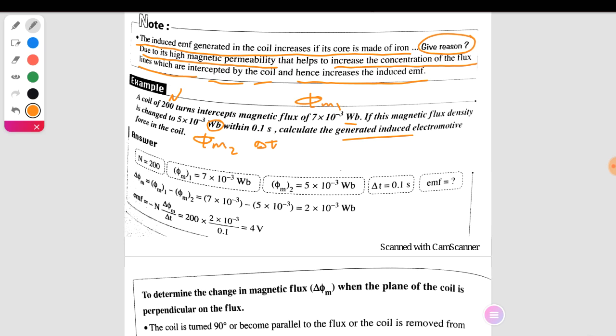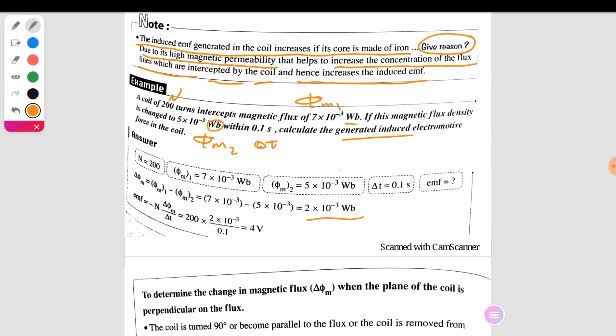At first, to solve any problem, number one, write the given. Number two, the unknown. Number three, the law used. Number four, substitute or make application. Since delta phi m equals phi m1 minus phi m2, 7 times 10 power negative 3 minus 5 times 10 power negative 3 equals 2 times 10 power negative 3.